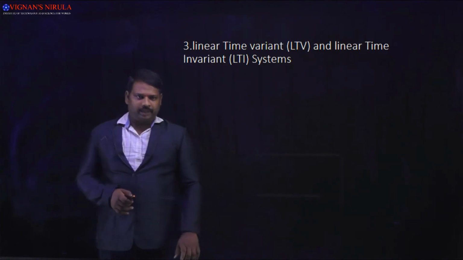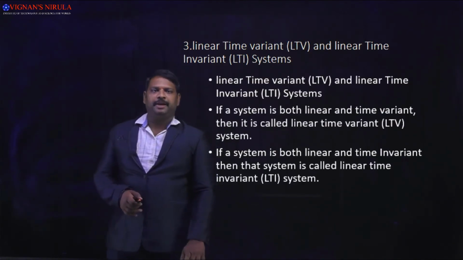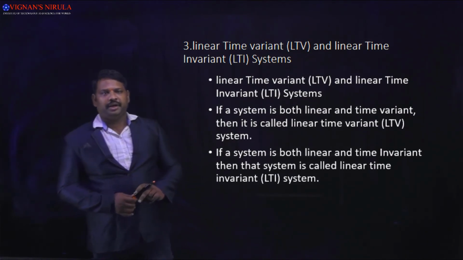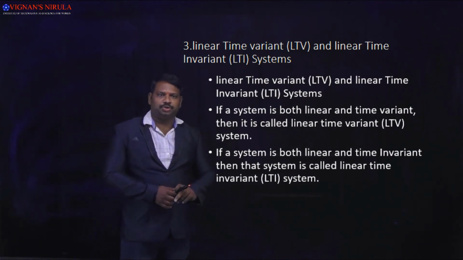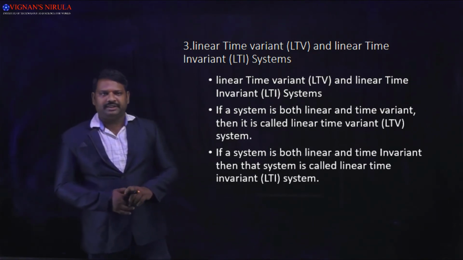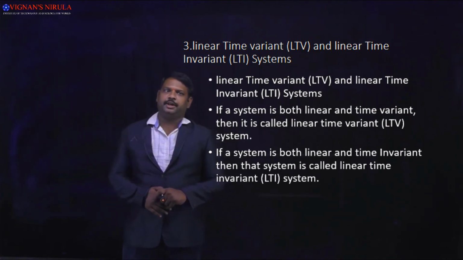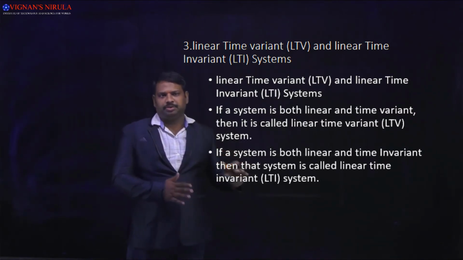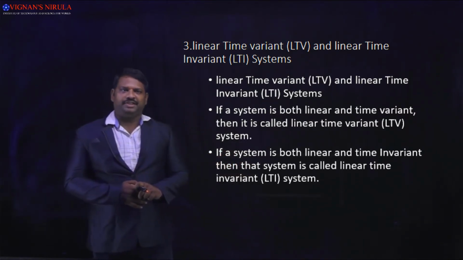Next are the linear time invariant and linear time variant systems. When the system satisfies both linearity and time variance, it's called a linear time variant system, or LTV system.